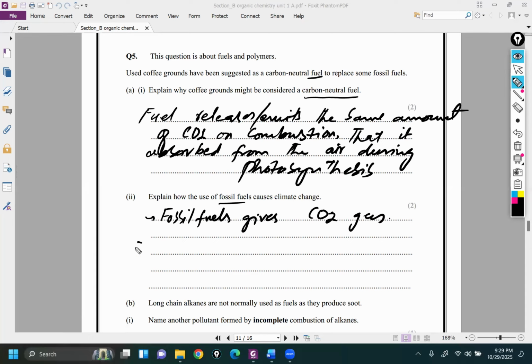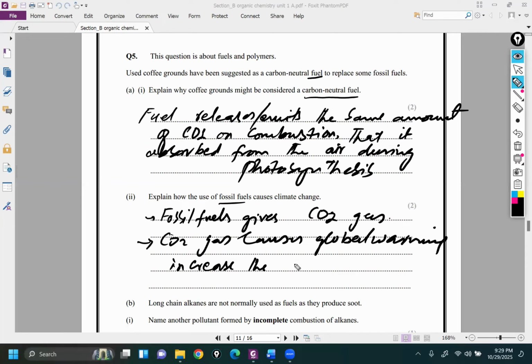Now, what will be the effect? Carbon dioxide gas causes global warming, or increases the temperature of the globe.